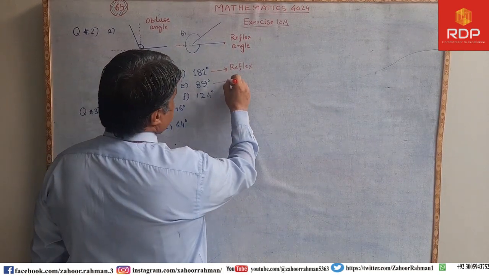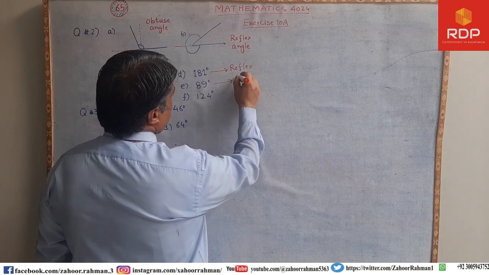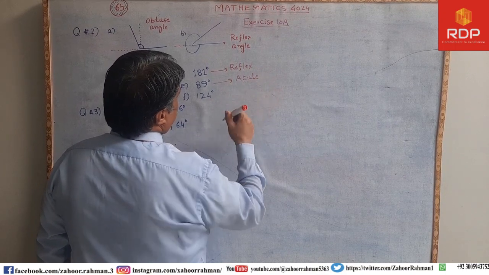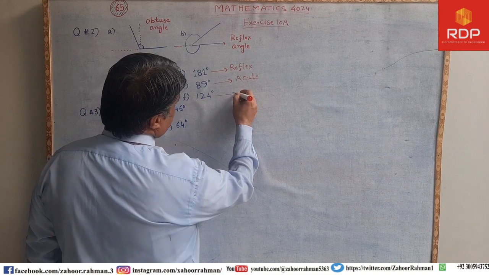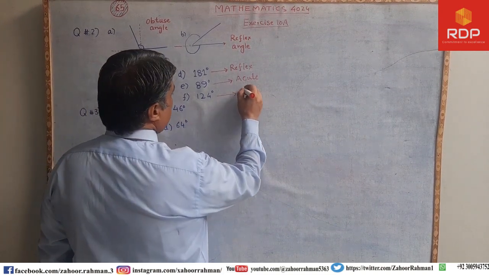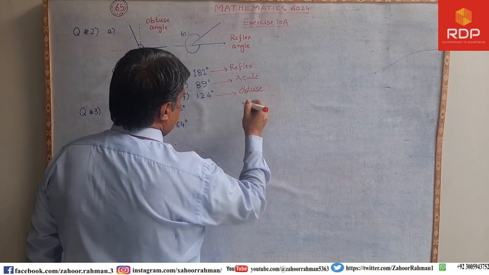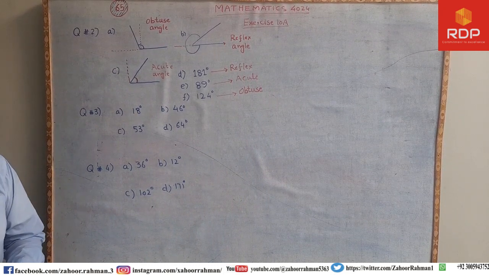It is less than 90 and greater than 0, so this is an acute angle. And 124 is lying between 90 and 180, so it is an obtuse angle. Okay, ladies and gentlemen, that was the whole story about question number 2.